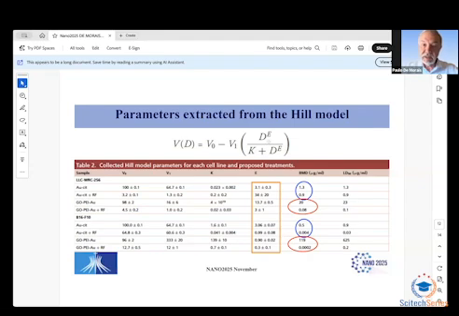On the other hand, if the Hill exponent or coefficient is less than 1, it means the first material that attached to the cell membrane just blocks the attaching of the next one. So it's a very important border. And that is the first big difference between one cell line and the other. The two cell lines respond quite differently to the same treatment.